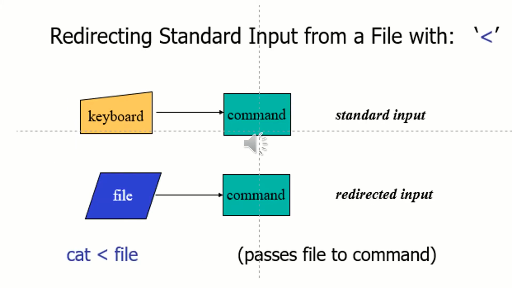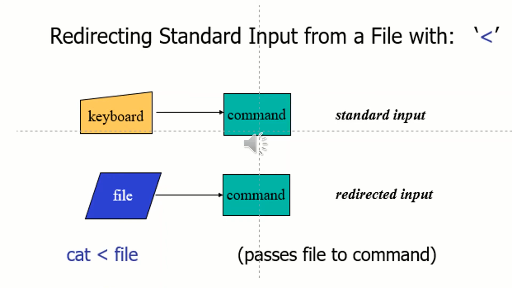Then we move to redirecting standard input from a file with the help of the less than symbol. First, the command you type on the keyboard is stored in standard input.